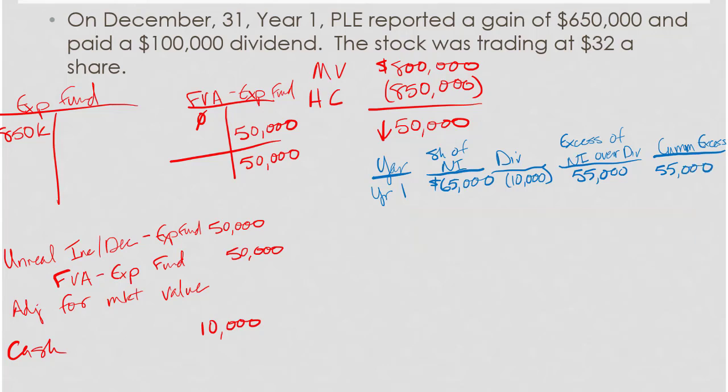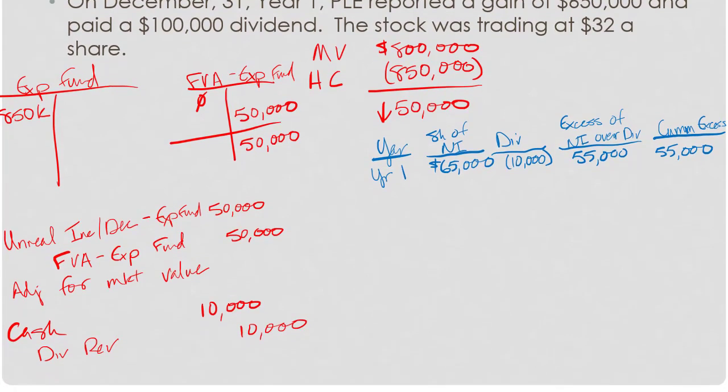And because it's positive, I don't have to worry about looking at book value or making an adjustment. I can just record all of the dividend as dividend revenue. So dividend revenue, 10,000. This is received dividend from PLE Incorporated. And that's all I need to do for step one.